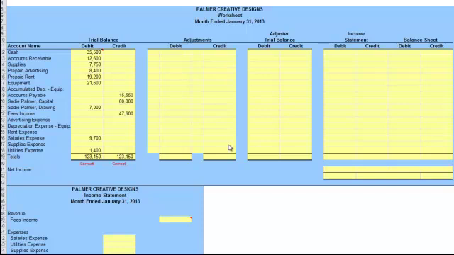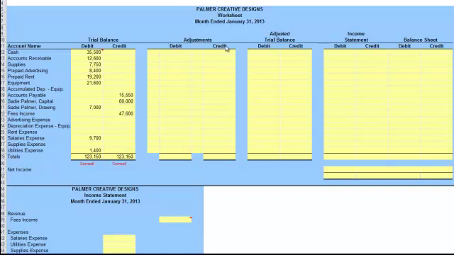And any other prepaid expense, if you prepay insurance or prepay advertising, as it gets used up, we're going to try to move some of that amount, the amount that got used up, down to the expense section. So I thought the easiest way to show you how to complete the worksheet was just to do one that's at the end of the chapter, and it's problem 5.4a, Palmer Creative Designs.